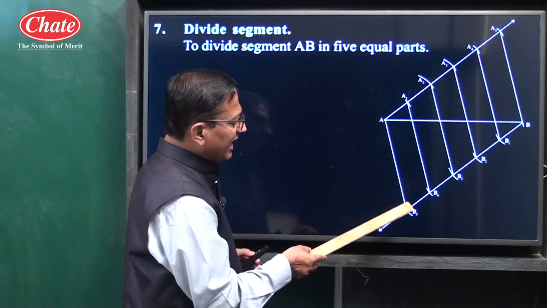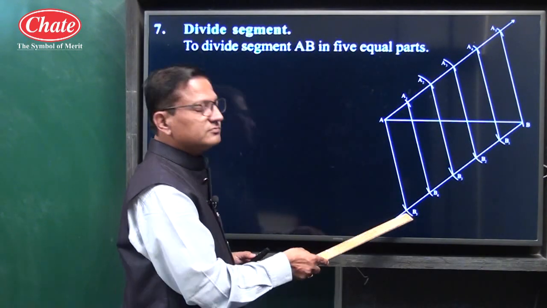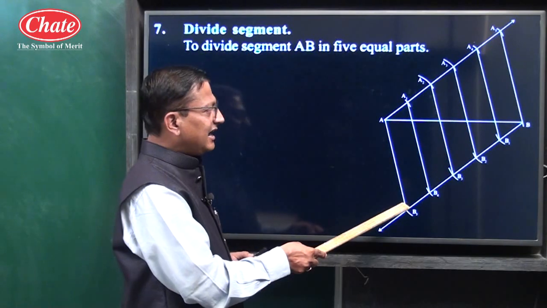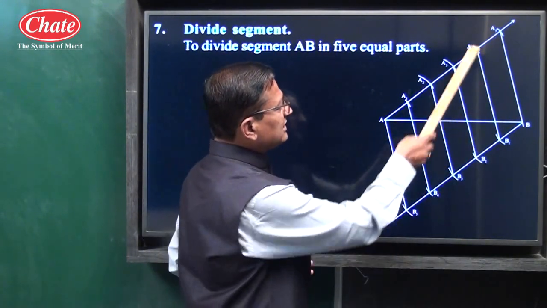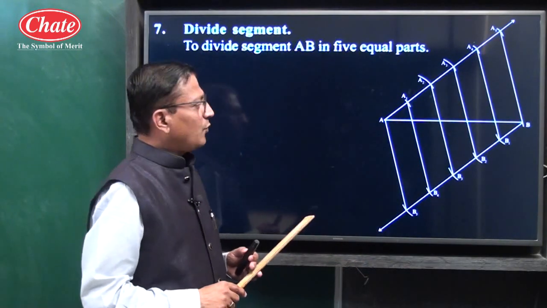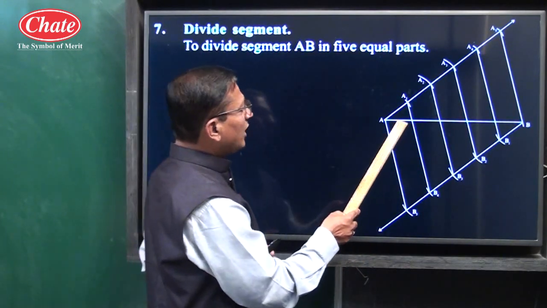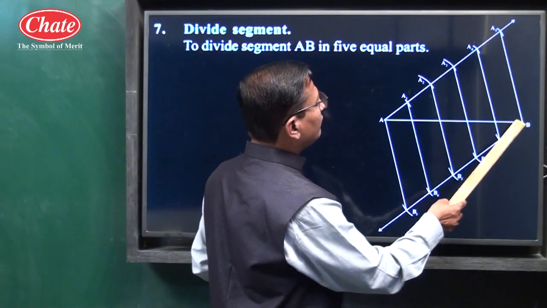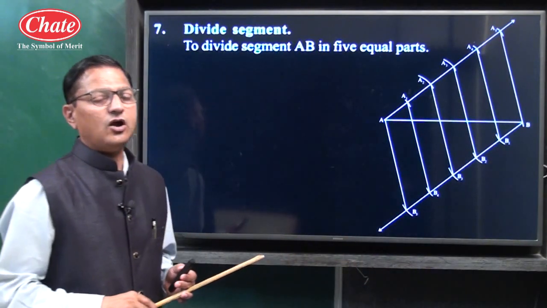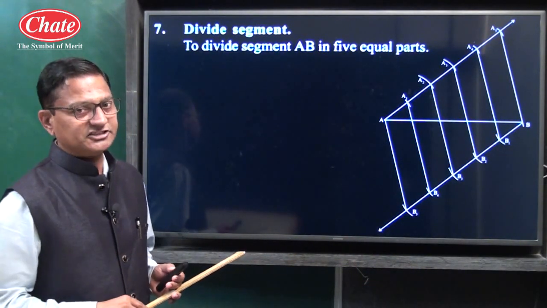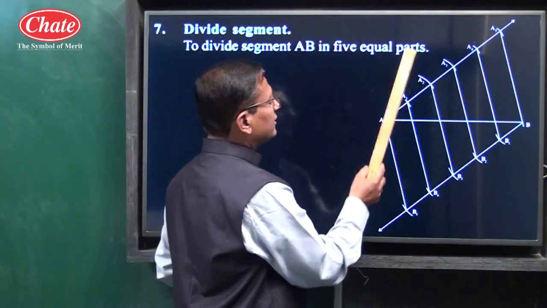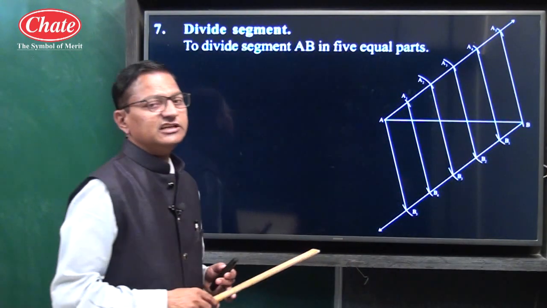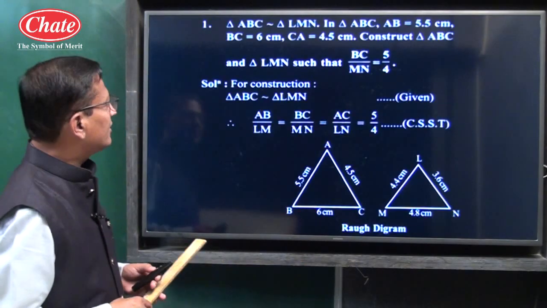First point and last point, draw a line segment and join the 2 points at the same distance. We get 1, 2, 3, 4, 5 equal parts of the given segment. So here, to divide segment AB in 5 equal parts, this construction is more important.